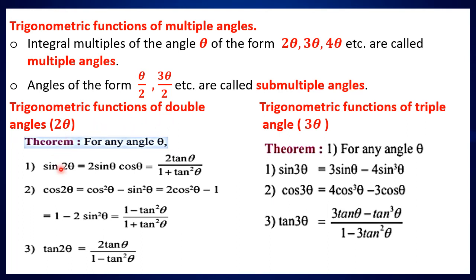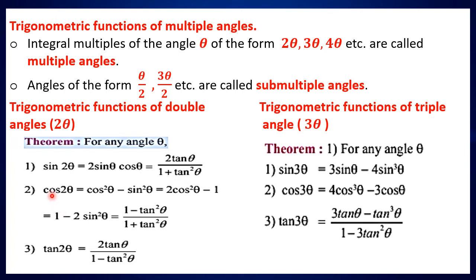Now first one, the double angle formula. Here we first learn the sine 2 theta, cos 2 theta and tan 2 theta formulae, and they can be written in different ways, so we have to be thorough with these formulae. Sine 2 theta is equal to 2 sine theta cos theta, which is equal to 2 tan theta upon 1 plus tan square theta.